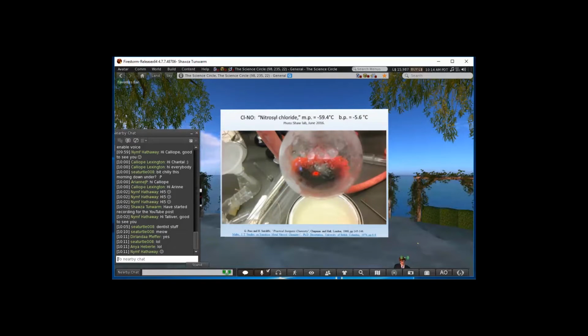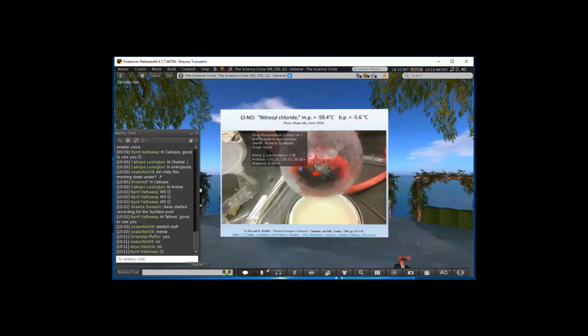I was going to show you some nitric oxide, but nitric oxide is a colorless gas. Showing it to you, I could have really just gotten away with an empty flask, but I didn't feel that was right. So I thought I would show you a derivative. So here's nitrosyl chloride.